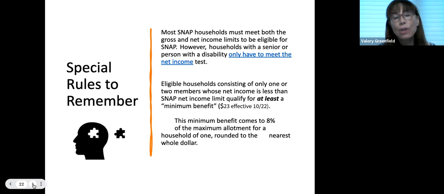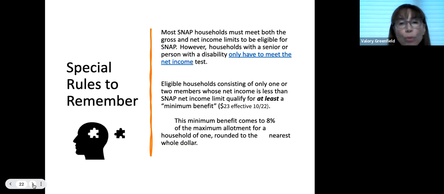But seniors and people with disabilities only have to meet the net income test. You will find out, as Cindy explains categorical eligibility, that the categorically eligible folks don't have to meet any of these tests, but most SNAP households will be subject to either the gross and net, or if a senior or a person with a disability, just the net.